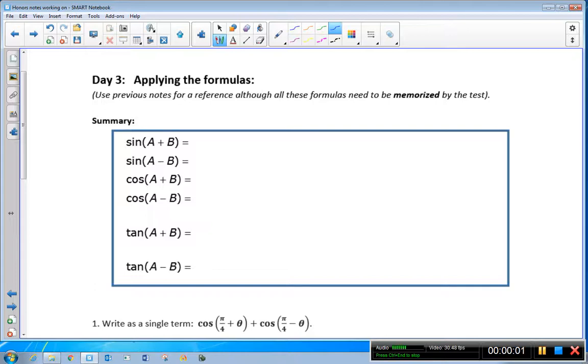Right, so you should probably try to write out these formulas on your own without looking at what I'm writing.